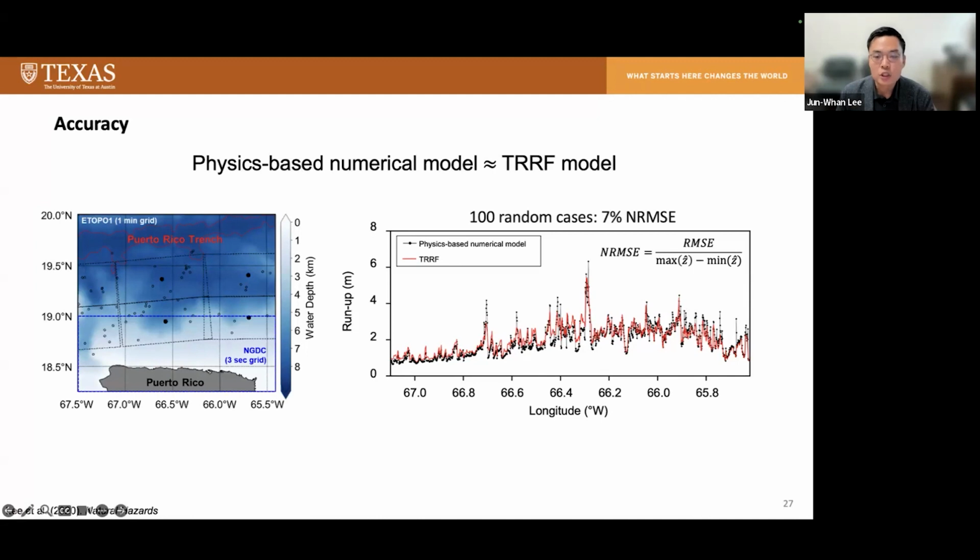The right figure shows one example result, where the black line represents the physics-based numerical simulation model results, which solves the Boussinesq equations, and the red line is the tsunami machine learning model prediction. And we conclude that this is quite an accurate result considering the computational time.